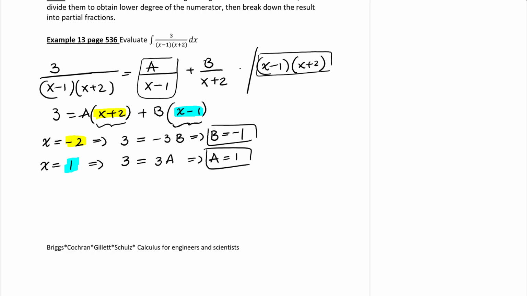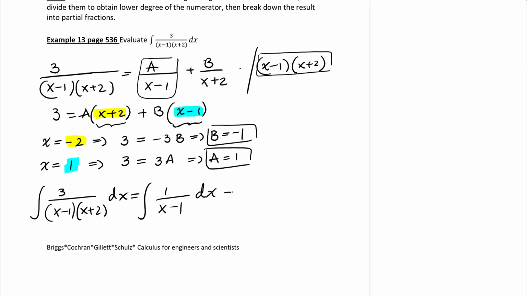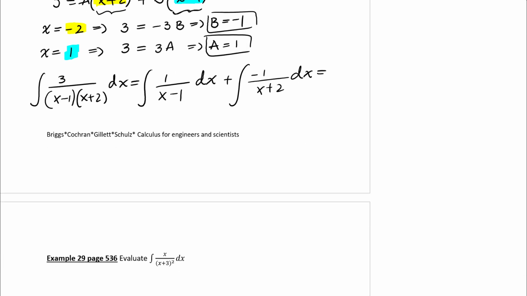So basically, our integral of 3 over x minus 1 times x plus 2 dx can be written as the integral of 1 over x minus 1 dx, plus the integral of b, which is negative 1 over x plus 2 dx. And if we take a look at these integrals, they are much simpler to calculate.